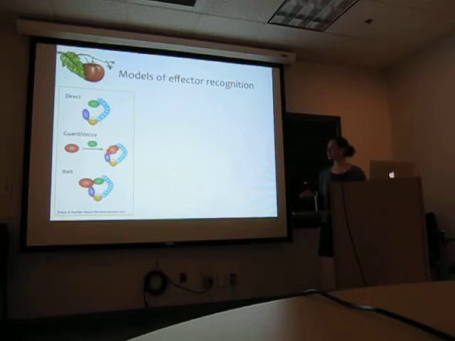Or in some cases, like PTO, this protein has evolved to mimic proteins that are actually involved in immunity, and its purpose is for the NLR protein to recognize that modification by the effector and initiate immunity. And then there's also a bait model where another host protein is required to facilitate this interaction.